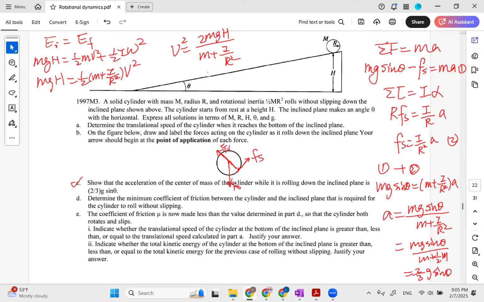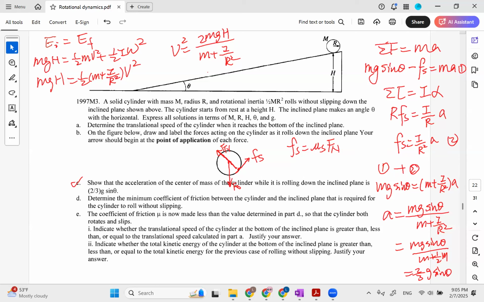Wait, wouldn't it just be mu equals Fs over N because they're already perpendicular to each other? So over here, because you are looking for the minimum coefficient, you can use Fs equals mu s times Fn, right?